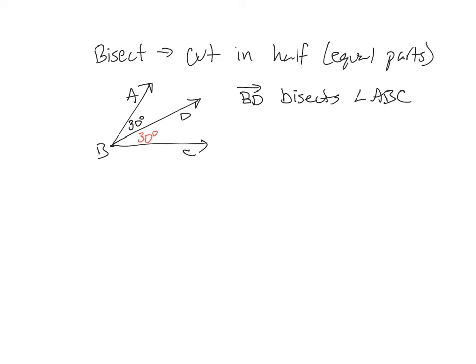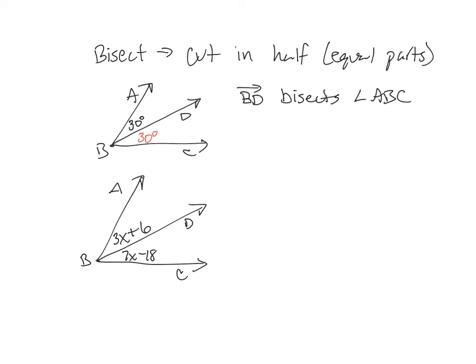Okay, if I draw a little bit bigger. You had it with variables, 3x plus 6, 7x minus 18, and it said the same thing, that BD bisects.